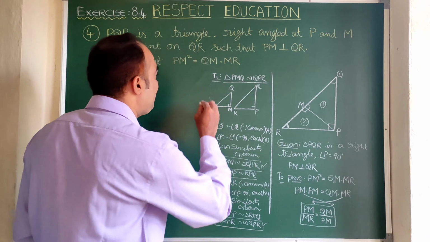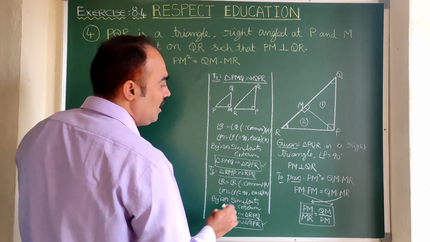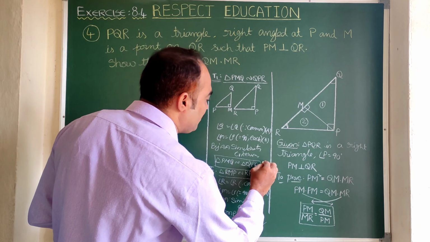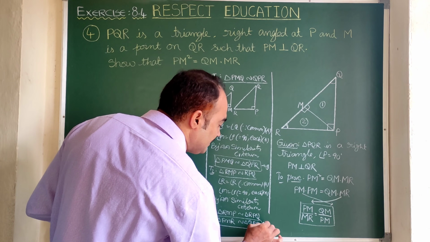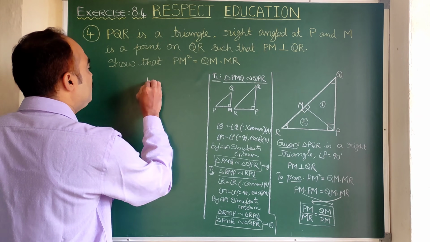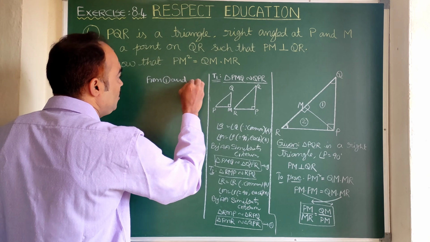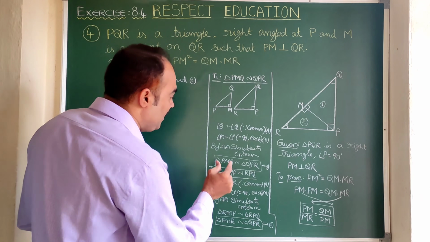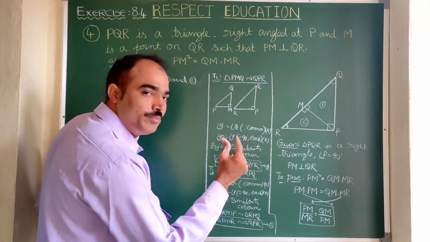Right. Now from target 1 and target 2, let us give some equations. This as equation number 1 and this as equation number 2. Right. From 1 and 2, we can say that PMQ is similar to QPR, and PMR is also similar to QPR.